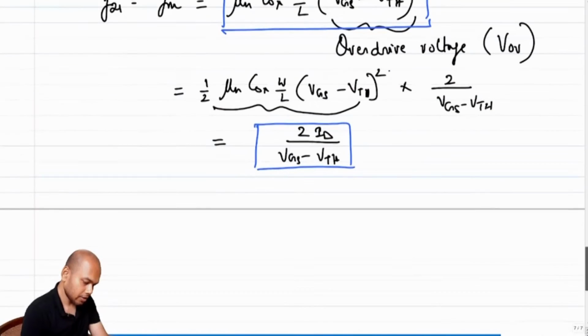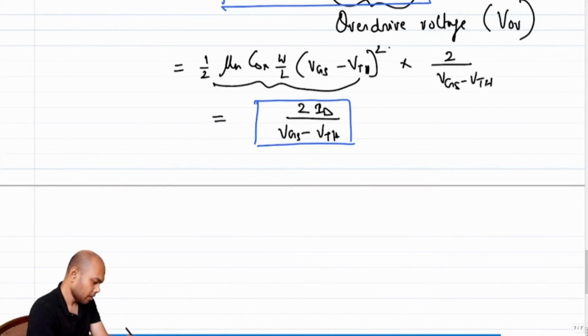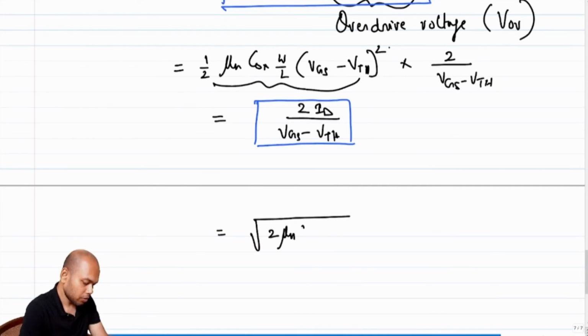Similarly, if I eliminate VGS minus VTH from this equation, I can also write it in the form of under root 2 mu n Cox W by L times ID, right?